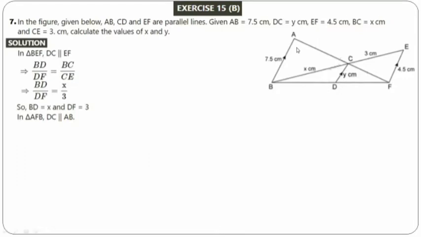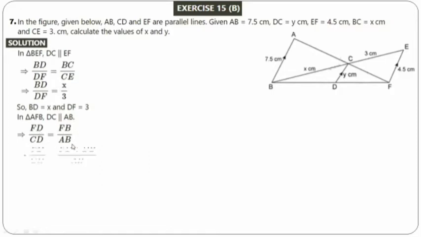So we can say that AFB and CFD are similar triangles. If these two are similar triangles, then the corresponding sides must be in proportion. So FD by CD must be equal to FB by BA, using the concept that the corresponding sides in similar triangles are in proportion.